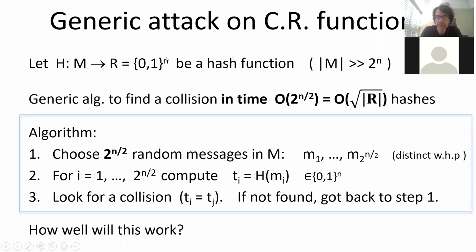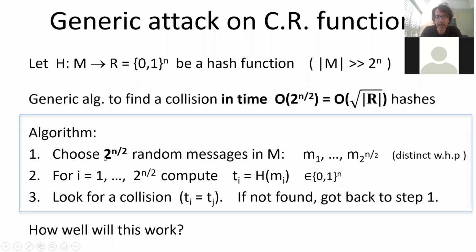So if this thing is 160, this thing is 80, right? If this thing is 64, then this thing is 32. Okay, in other words, if your hash has 64 bits of output, that's not very good, because in time 2 to the 32, which is completely reasonable, I can find collisions against it.